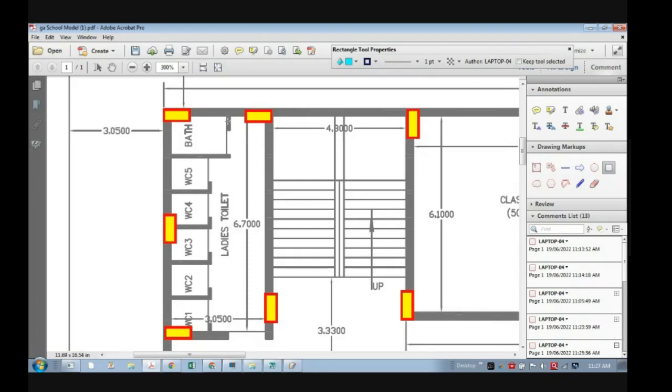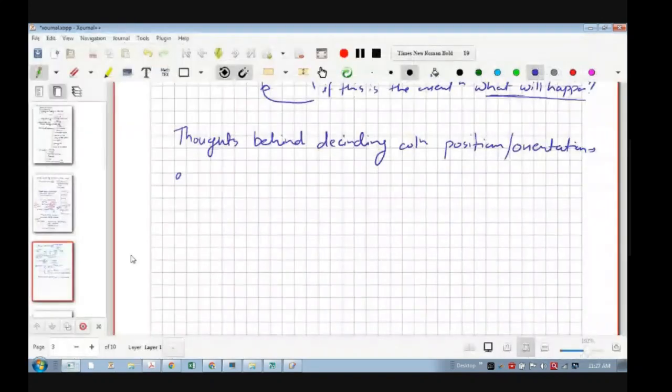Generally, whenever we provide any beam, first we think whether there is a wall. If there is a wall, we try to put that beam below the wall most of the times. So understand that. And what will be the width of the beam generally? Thickness of wall. So generally 230 mm beam size.